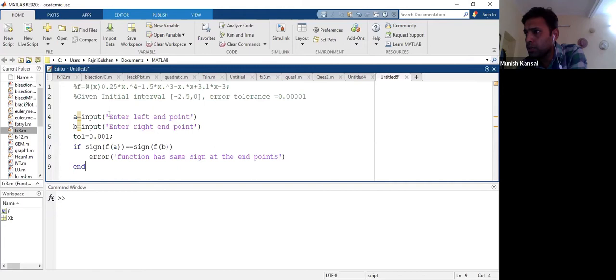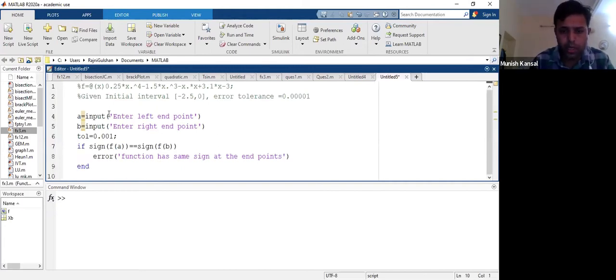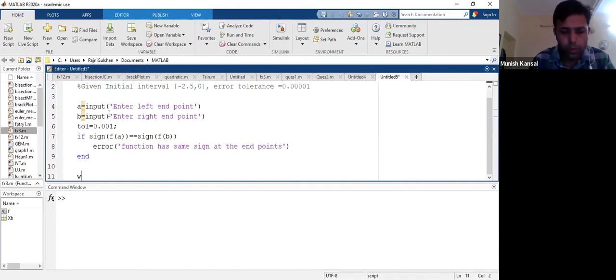Now once you do this, if this is not the case, then you can start with your loop. So I am making the while loop here. You know how to write a while loop a little bit. In the while loop, we make use of error tolerance.